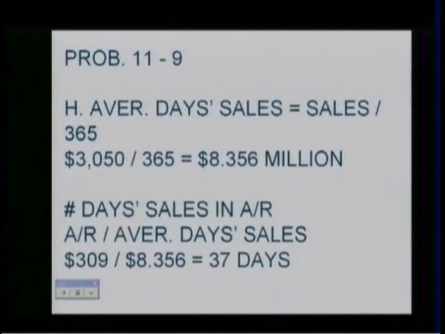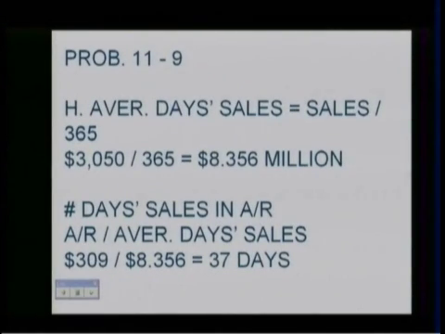In letter H, they ask us to assume that accounts receivable at the end of 2004 were $309 million. Calculate the number of days in receivables at that date. Well, what you do there is simply take the average day's sales, which is sales divided by 365. You get 8.356 million.